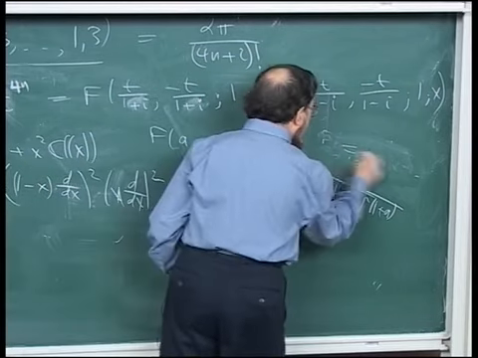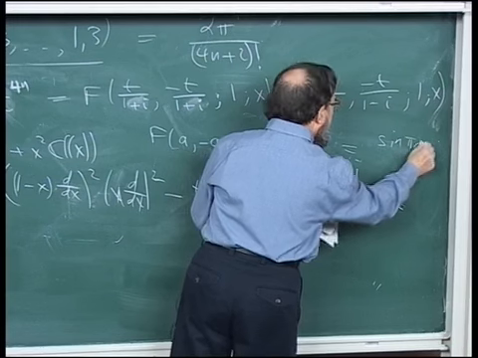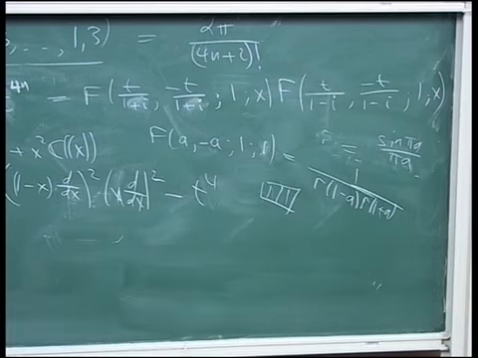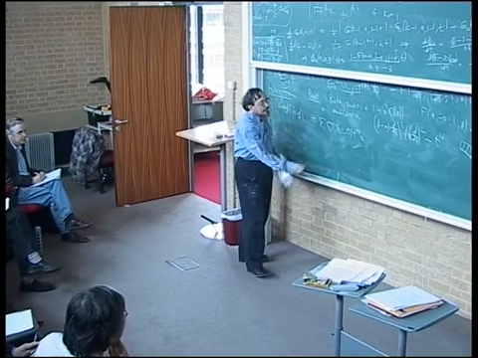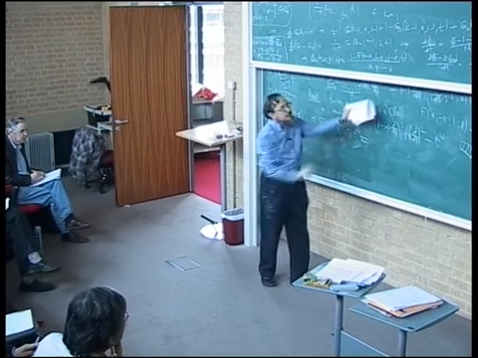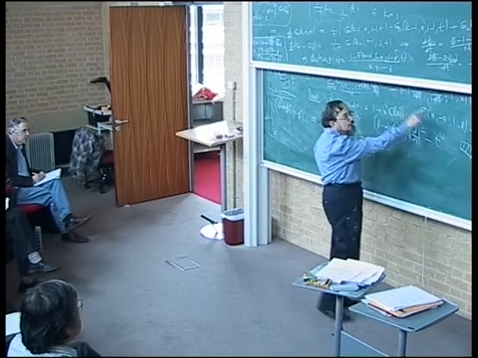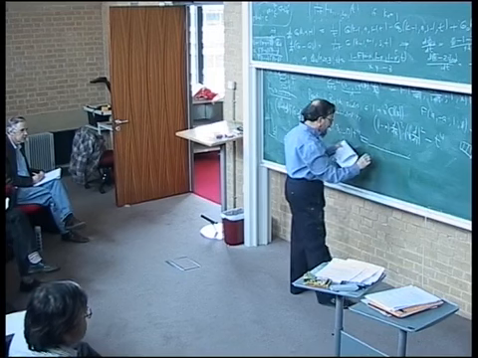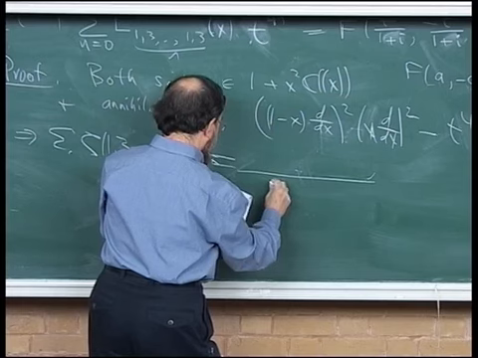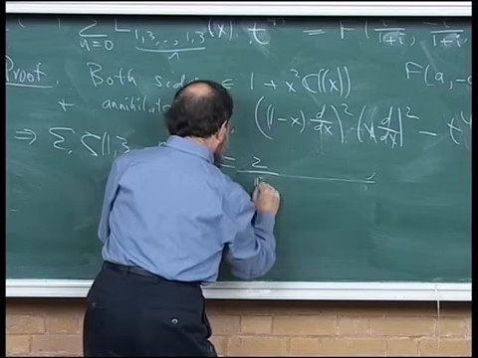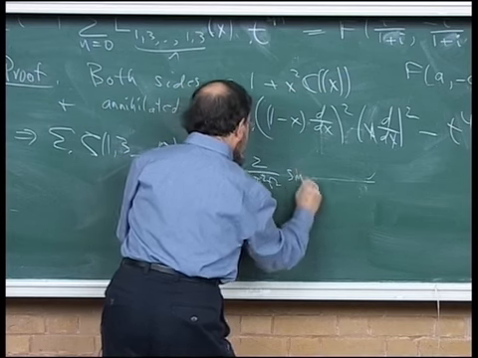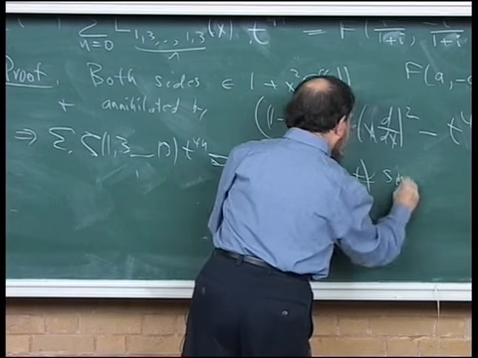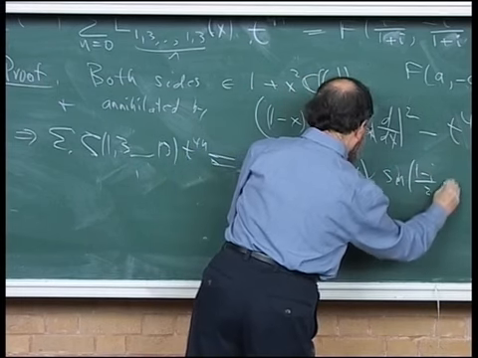Now we use Euler's formula. This is simply sine of pi a over pi a. So therefore, if I insert this, then I simply set x equals 1 in this formula, then on the right-hand side, I will get 2 over pi squared t squared times the sine of 1 plus I over 2 pi t times the sine of 1 minus I over 2 pi t.